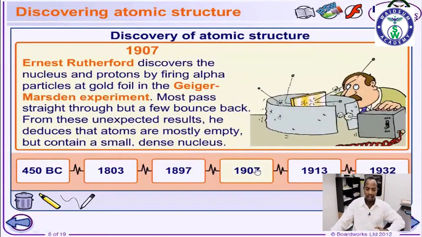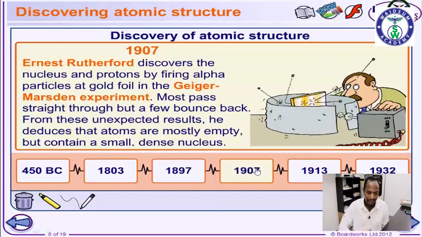Now, after that, in 1907, Ernest Rutherford, who was a student under J.J. Thomson, discovered the nucleus and also the protons. How did he do this? He fired an alpha particle towards a gold foil in the Geiger-Marsden experiment. He also had two students, Geiger and Marsden by name, who were doing their master's degrees under him and helped him carry out this experiment.